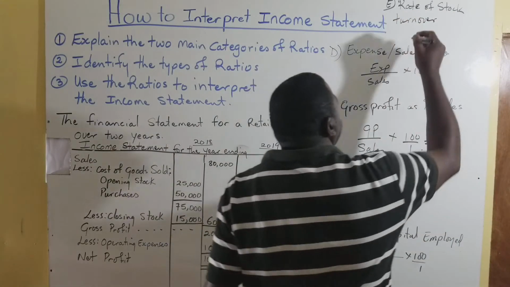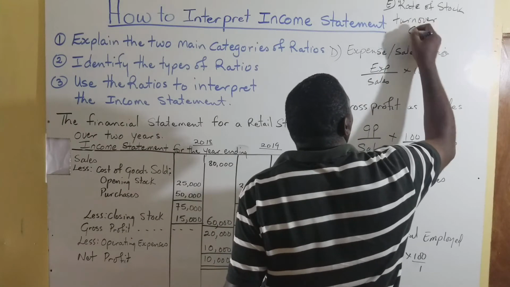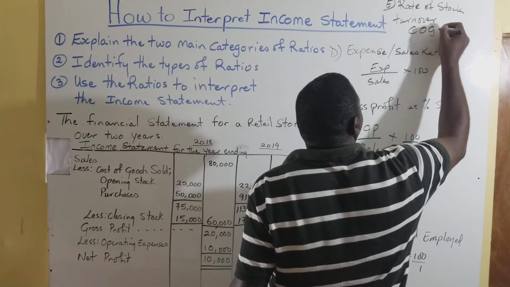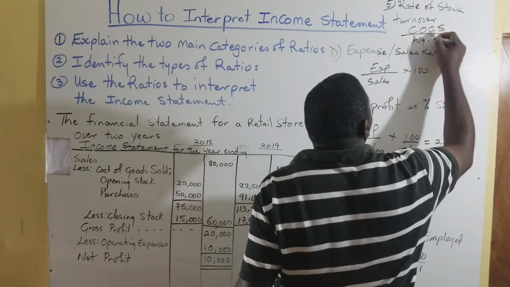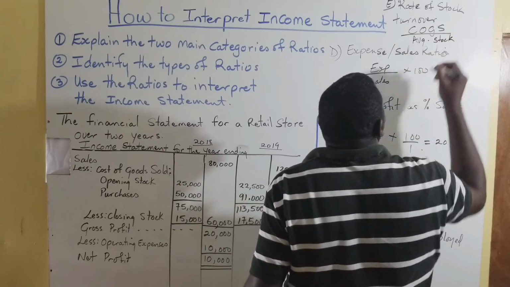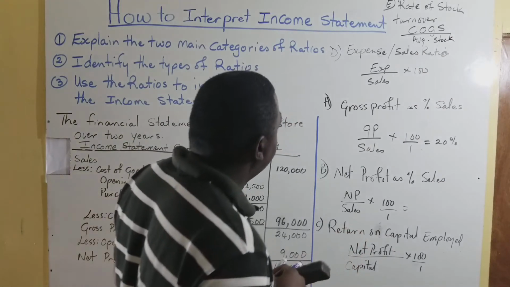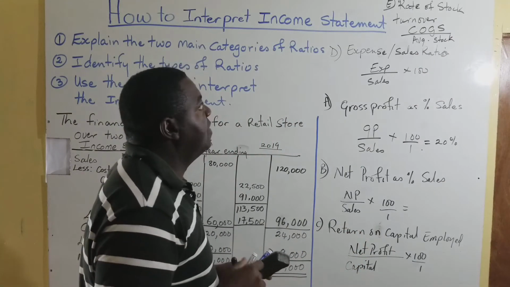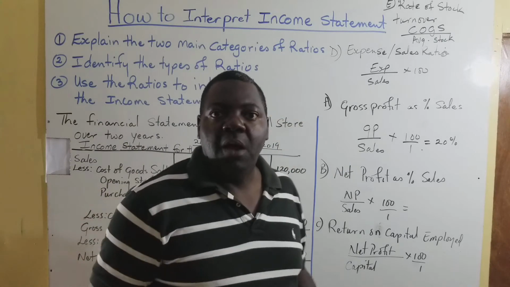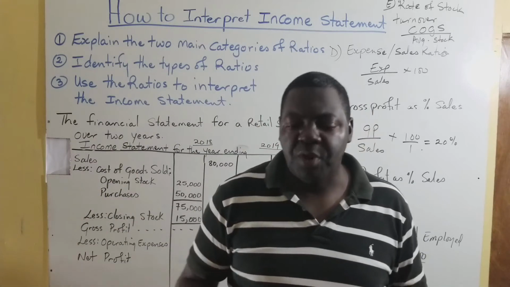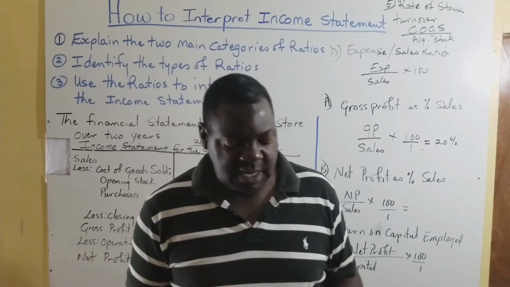To find that, it is our cost of goods sold over our average stock. So we have five different ratios here that are regularly used to interpret the income statement.